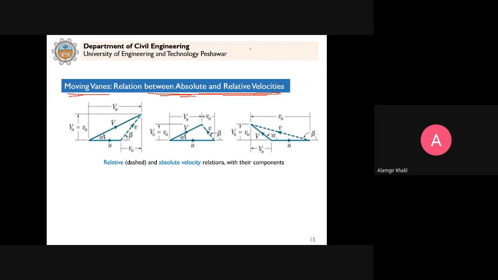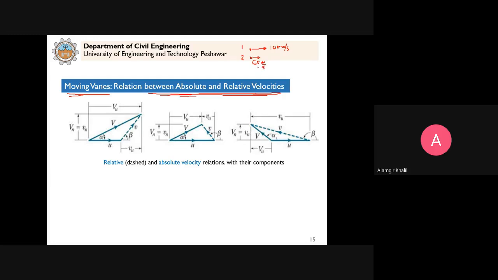For example, we have a body, let's say body 1, moving with a velocity of 100 meters per second. Another body, let's say body 2, is moving with a velocity of 60 meters per second.